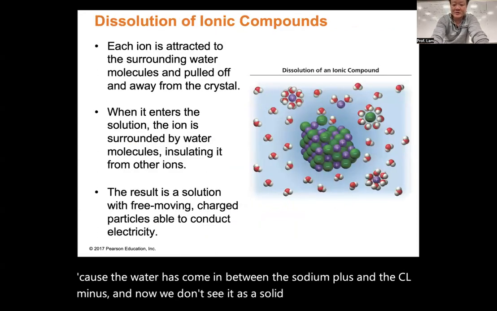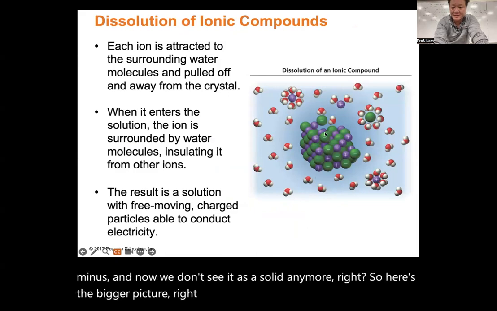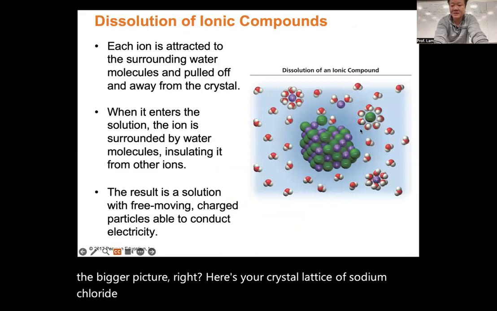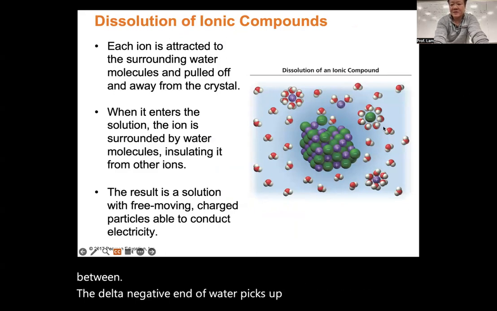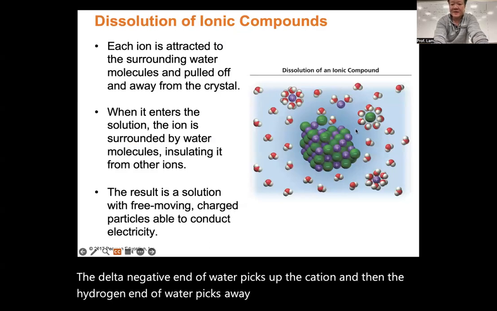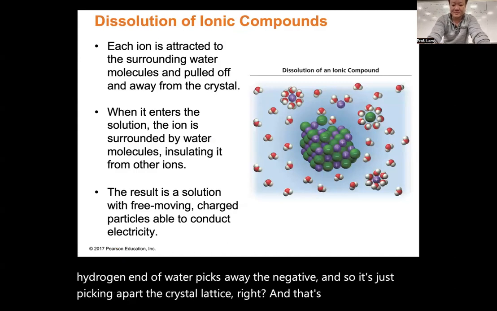So here's the bigger picture: your crystal lattice of sodium chloride with plus and minus, and water comes in between. The delta negative end of water picks up the cation, and the hydrogen end of water picks away the negative. And so it's just picking apart the crystal lattice, and that's what dissolving is.